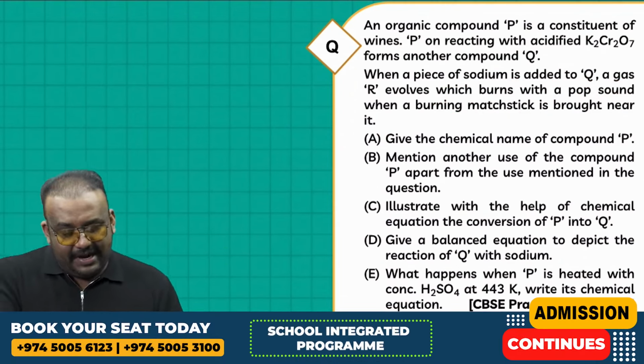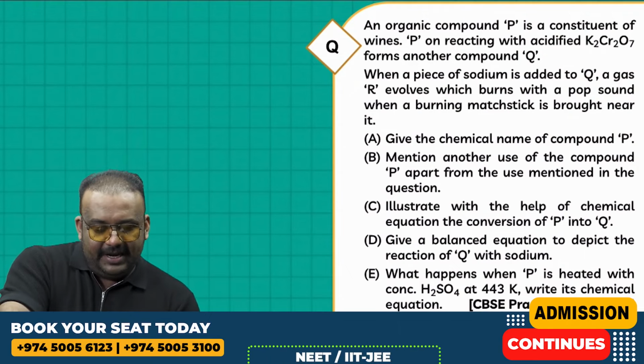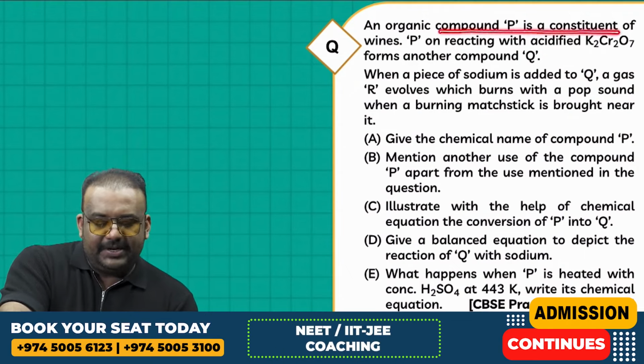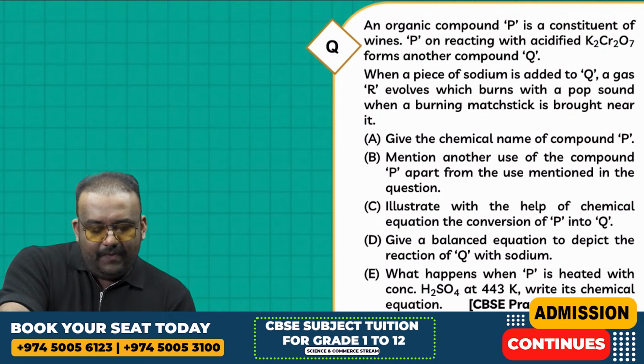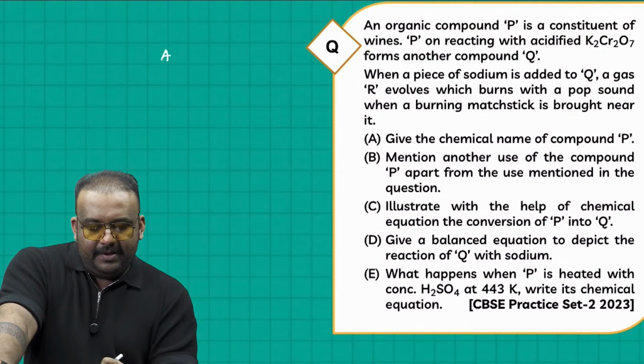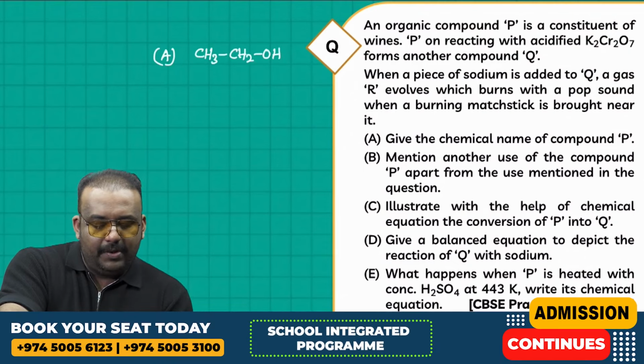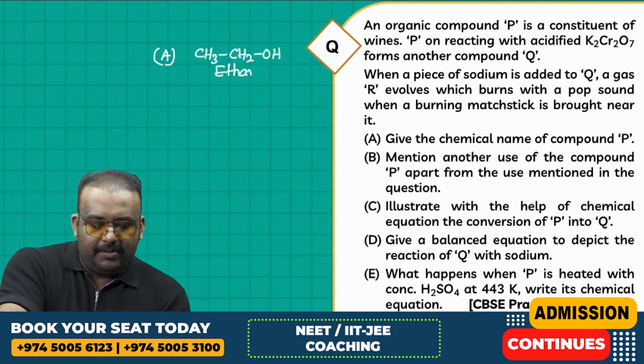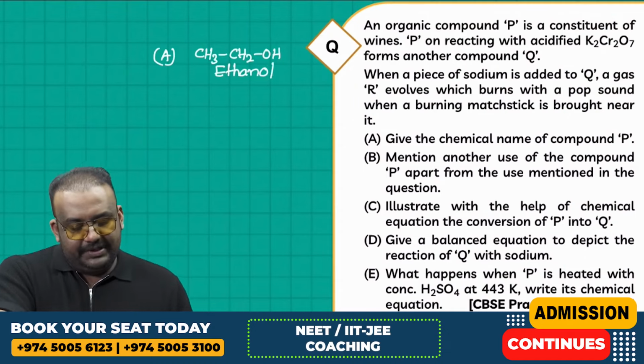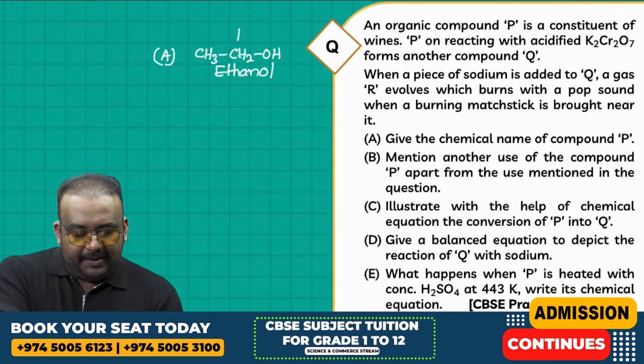The first part clearly says an organic compound P is a constituent of wines. So in wine we have the compound ethanol. This is the compound represented as P.